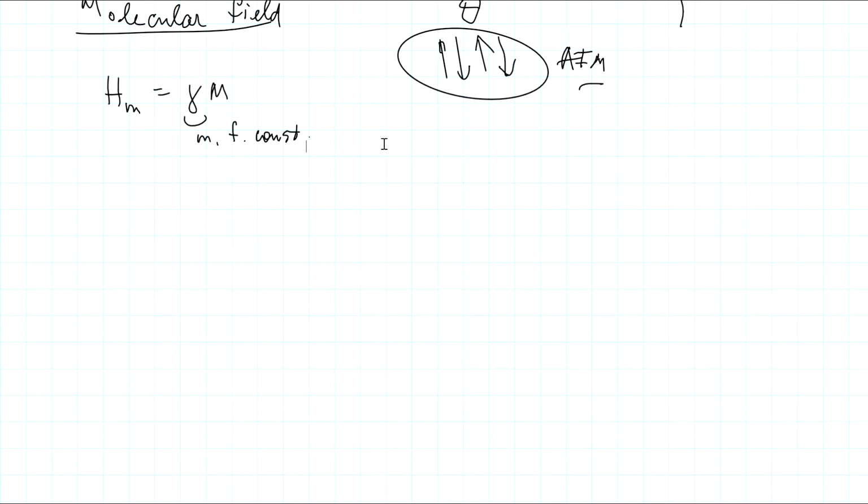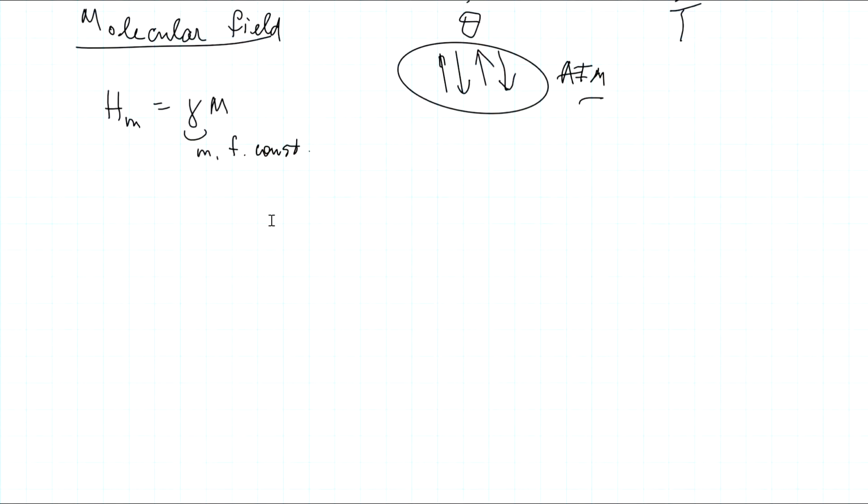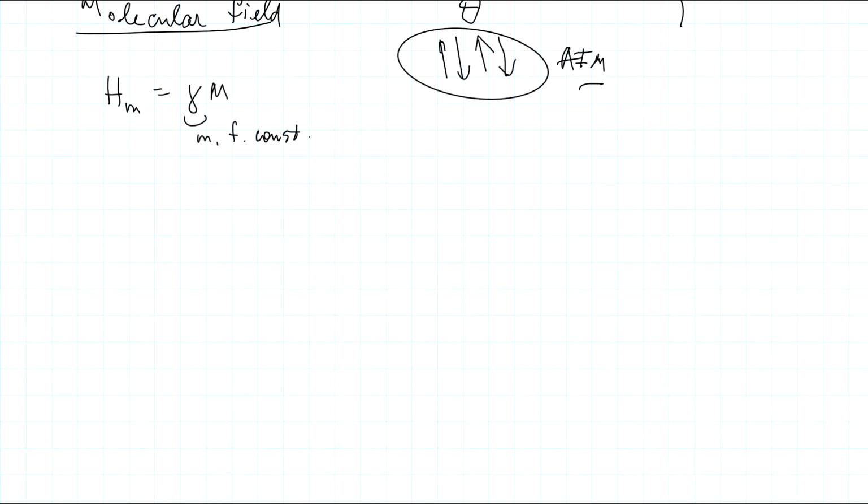Now, I'll be scrolling down. The interesting part about that is, if you look at the temperature dependence, susceptibility is basically inversely proportional to temperature. So let's rewrite this Curie Weiss law. I will leave the molecular field here. Okay.